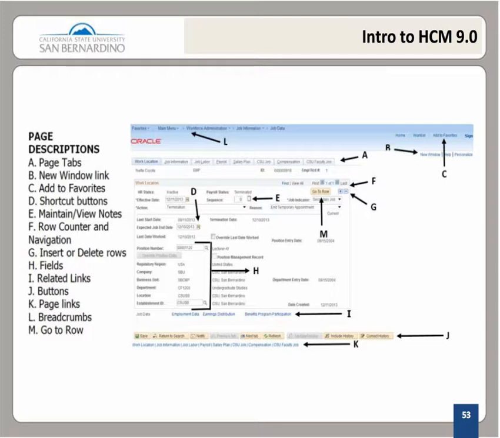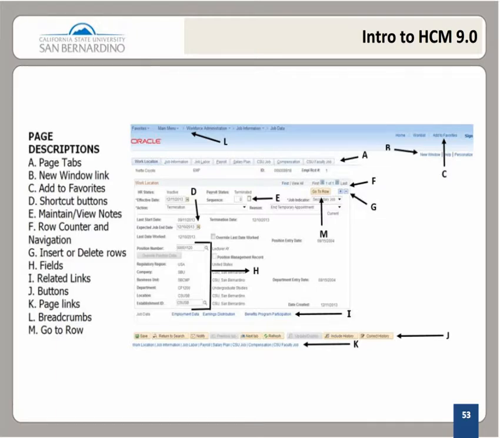H. Fields are the most important elements of a page. This is where data can be viewed, entered, or selected through various data entry field types. I. Related links allow you to easily navigate to related components and still retain the record you're viewing. This allows you to continue to work in the same record without having to go through the search process again.